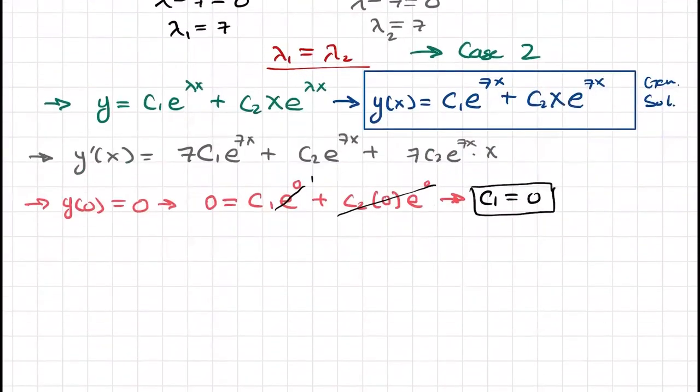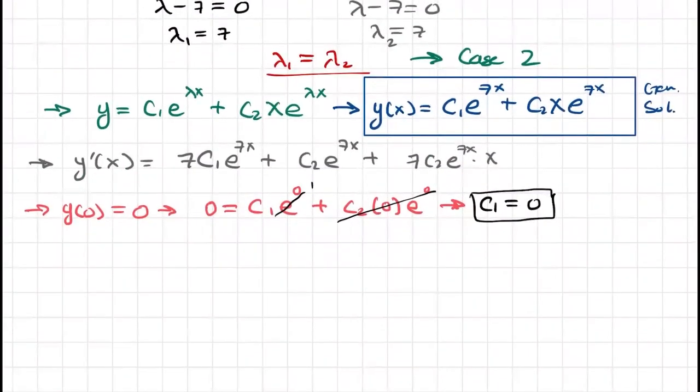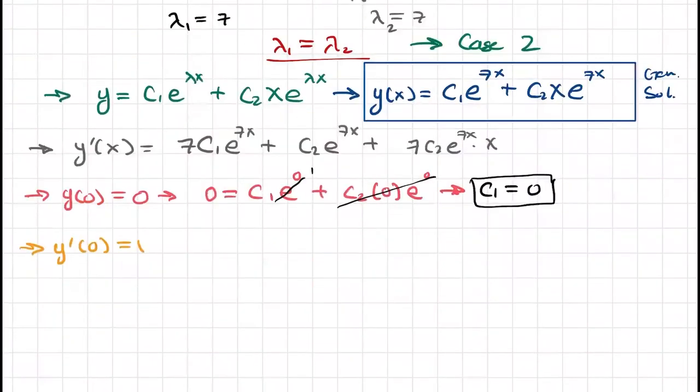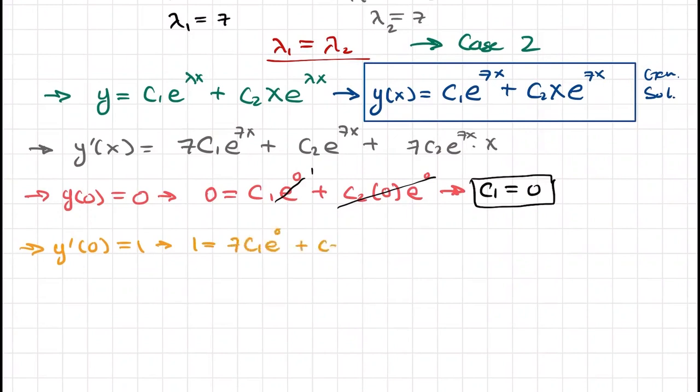All right. Now let's apply the second condition here. And this one will be y prime of 0 equals 1. So we will have then that 1 equals 7 c1 e to the 0 plus c2 e to the 0 plus 7 times c2 e to the 0 times 0.